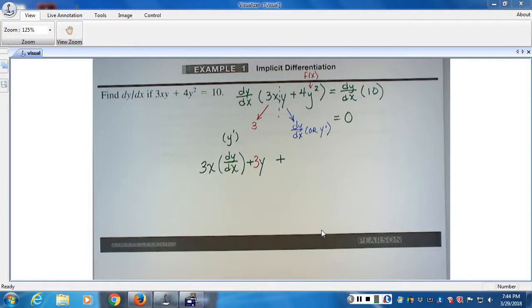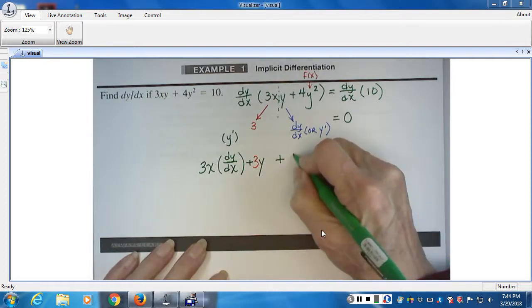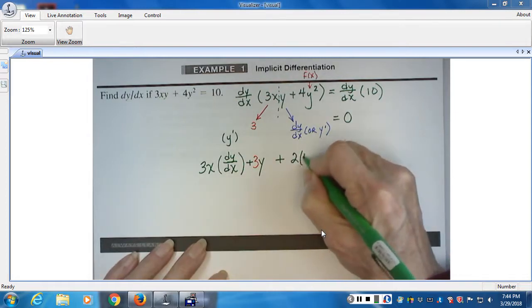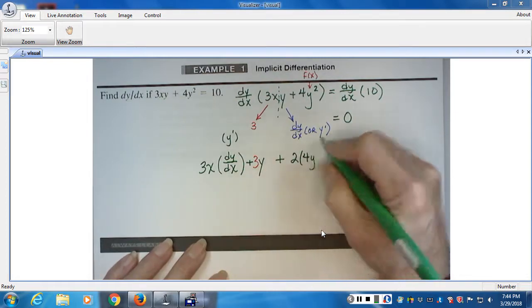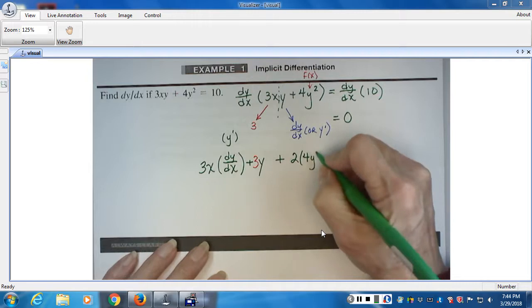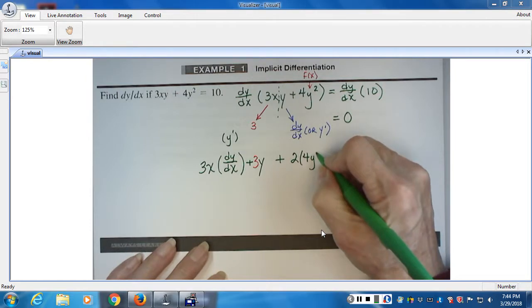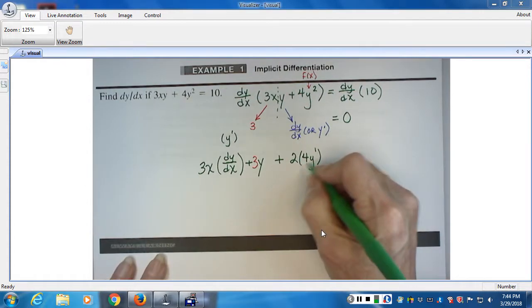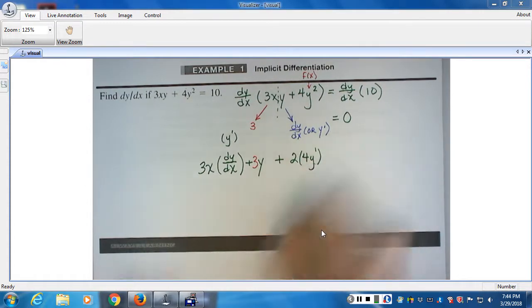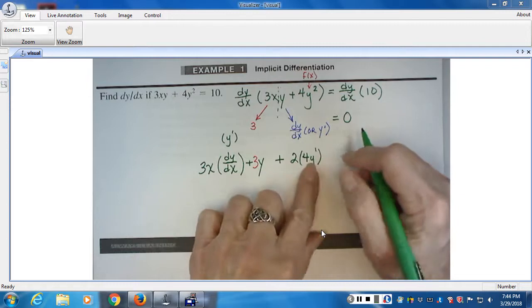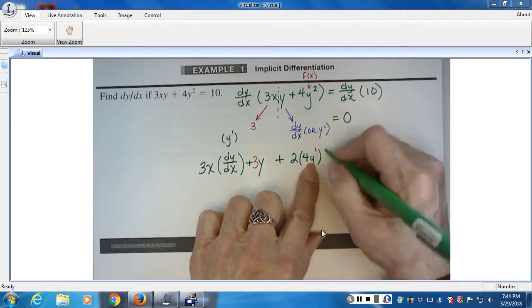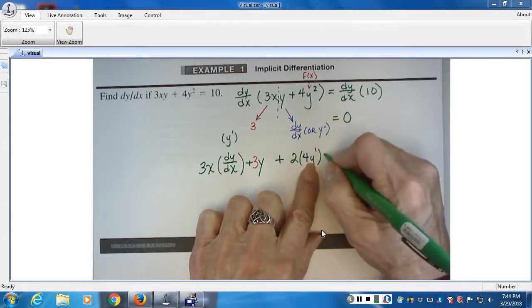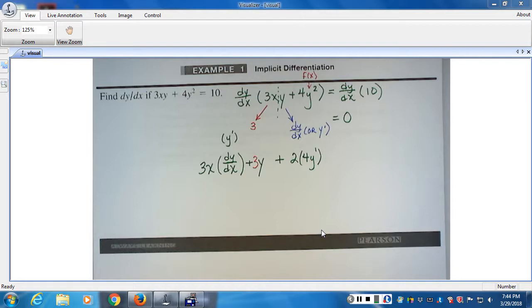So that means its derivative is going to be 2 times 4, and then that'll be y to the first times the derivative of the inside function, which is dy dx.